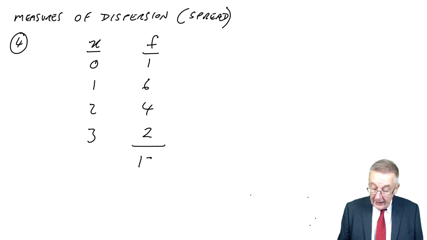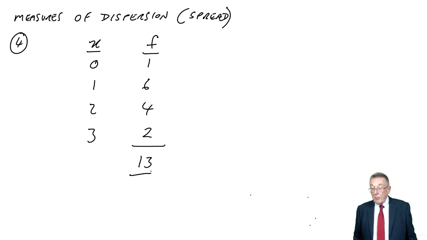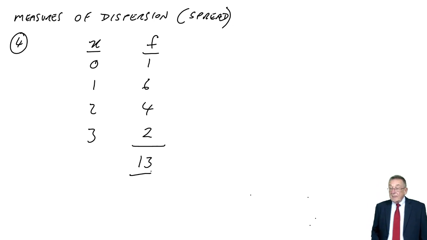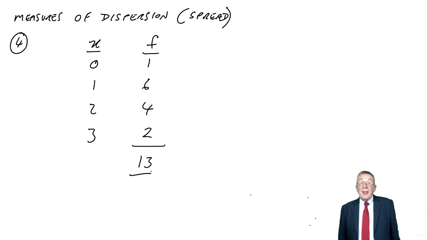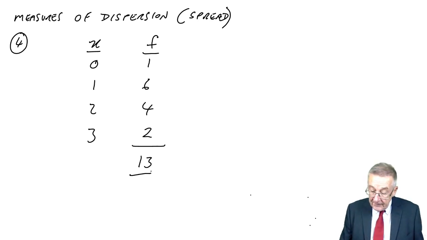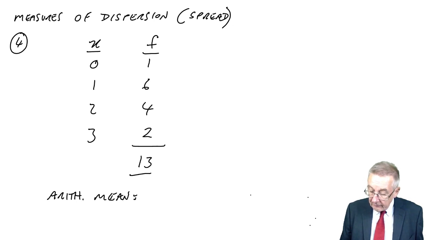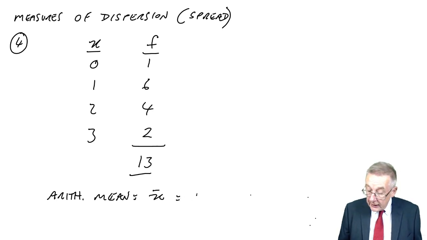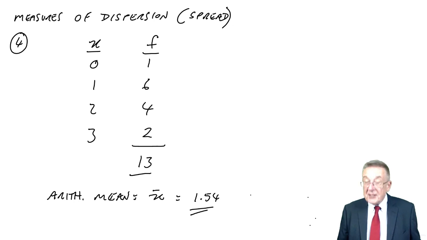That's 13 weeks. We worked out before what the arithmetic mean was, and for what's following, it's only the arithmetic mean that's of any interest. So the arithmetic mean, or x bar, looking back, it was 1.54. That was the average.